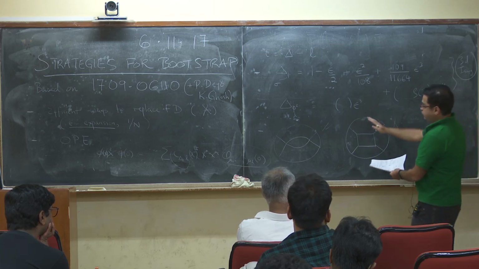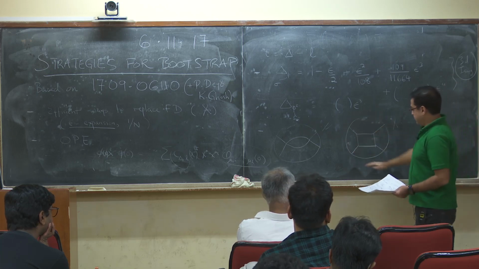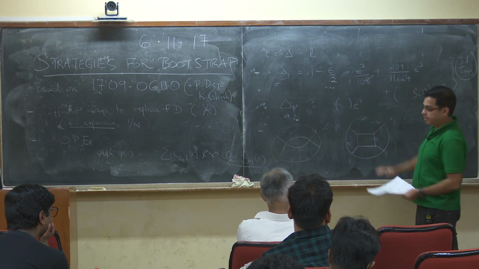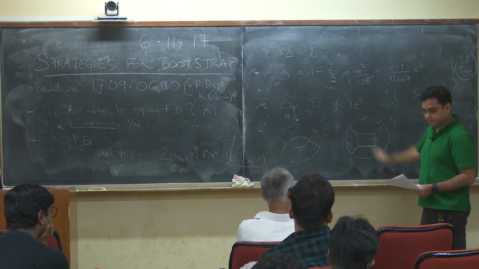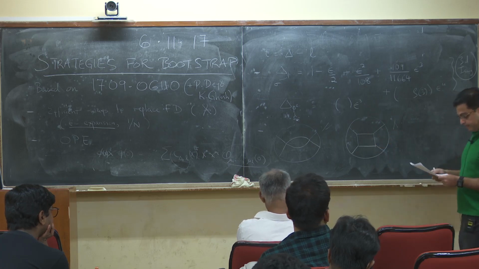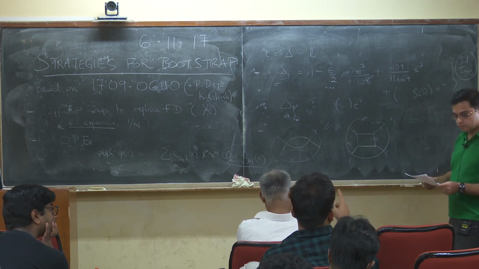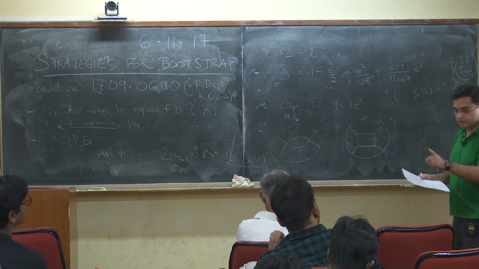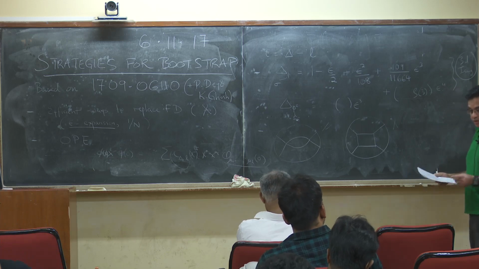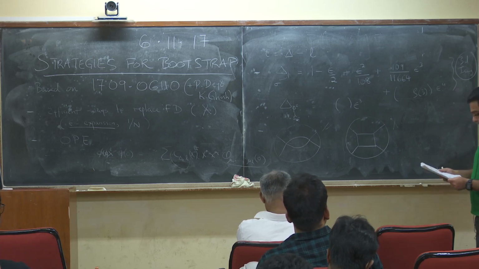So instead of doing that, you can use bootstrap techniques to get the Mellin amplitude for this. In a way, that was the purpose of the bunch of papers that we wrote with Rajesh.